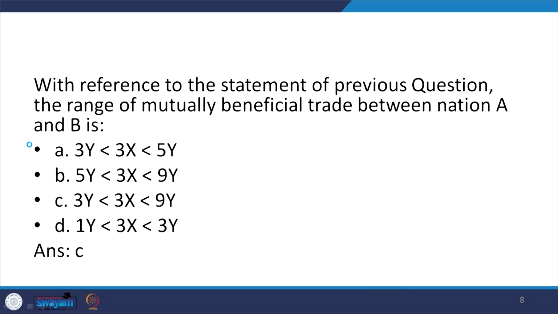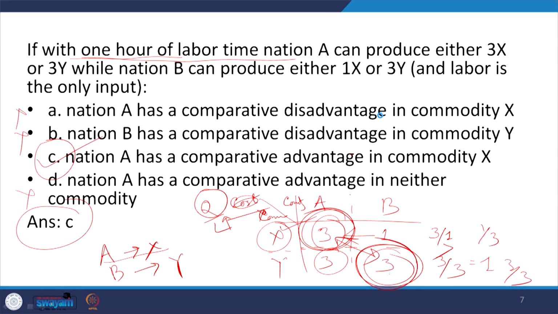Now, given these questions, if you try to derive mutually beneficial trade between nation A and B, you go and check, we have already explained in earlier context. In both the cases nation A has higher productivities as compared to the other country. So, nation A has leverage in producing both the commodities.